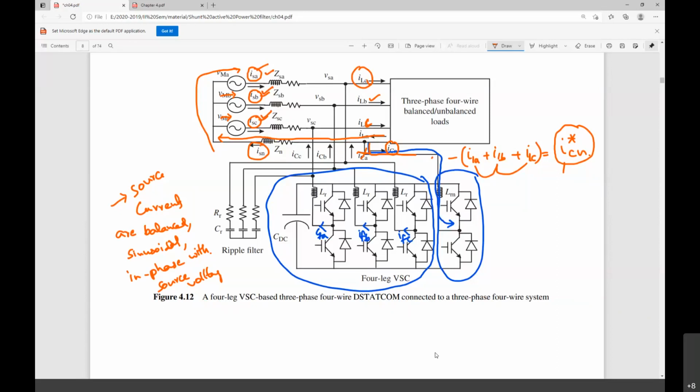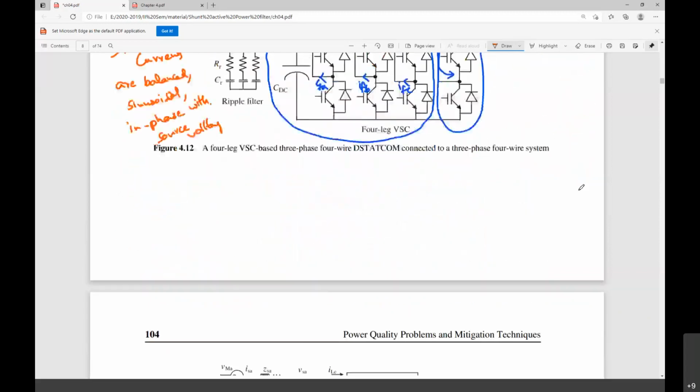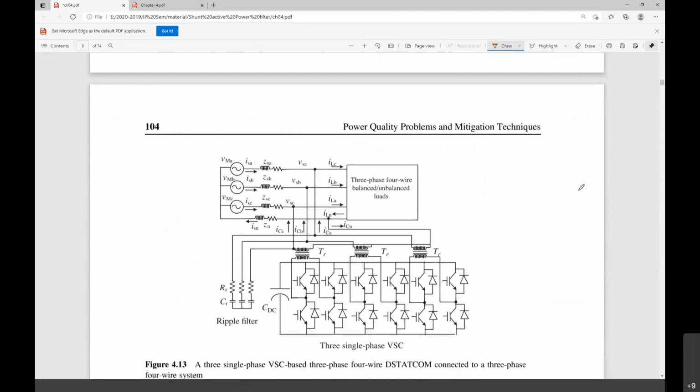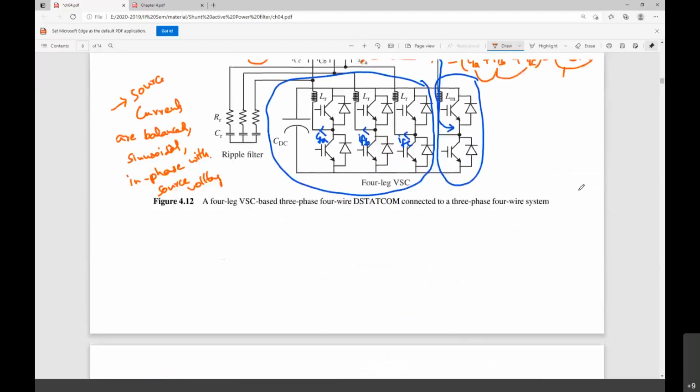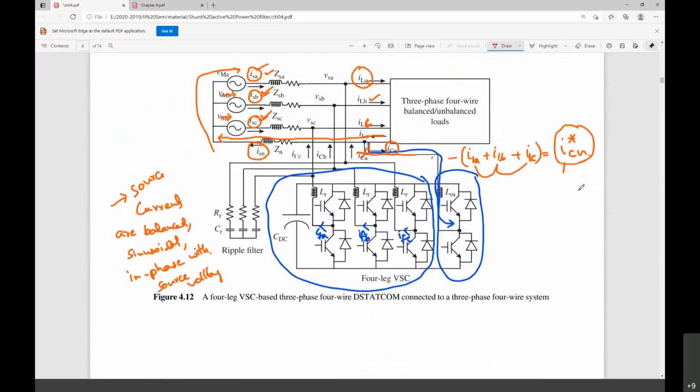This is about a four-leg VSC based three-phase four-wire D-STATCOM connected to a three-phase four-wire system. Next, we have a topology which is isolated. The earlier topology was non-isolated.